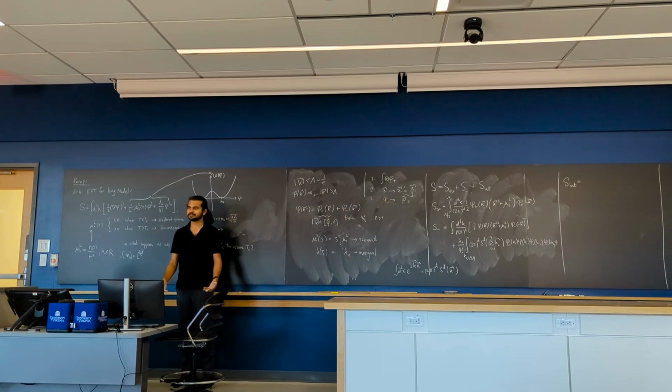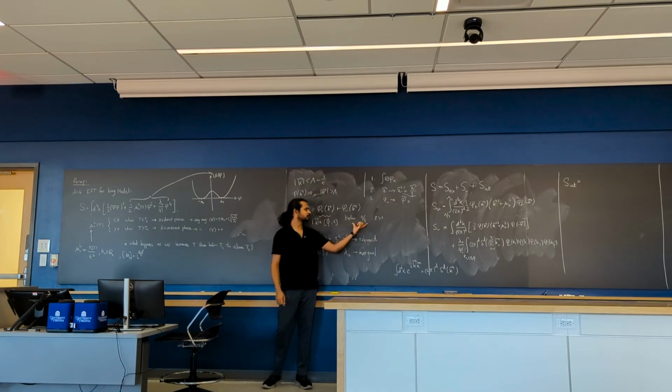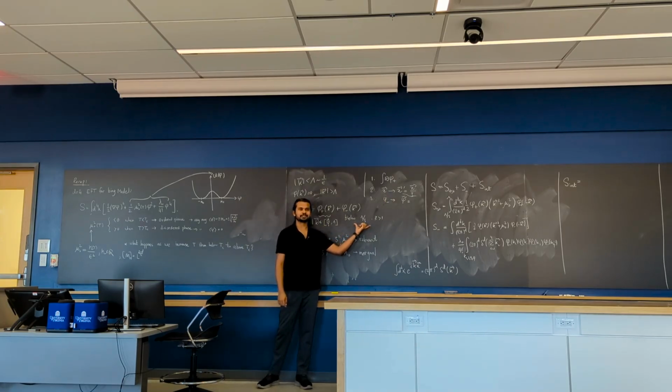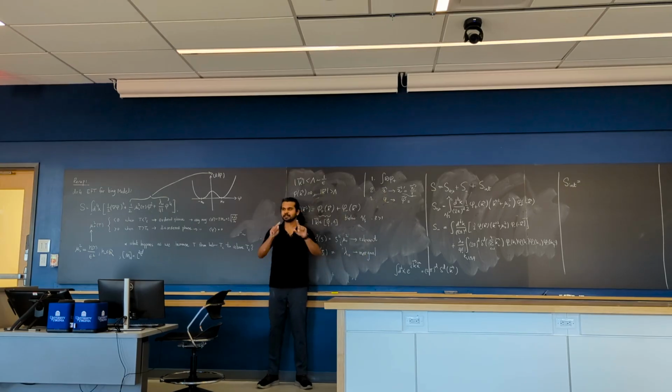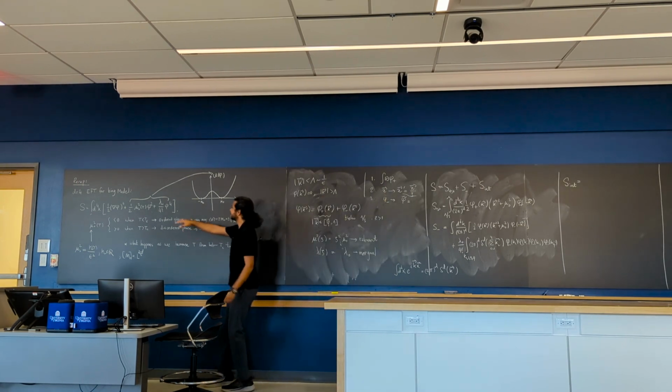But that's 0. Exactly. One of them is non-zero in this region, the other one is non-zero in this region. So when you multiply them, the delta function can never be satisfied, so it's always 0. And then what's left is all coming from here.